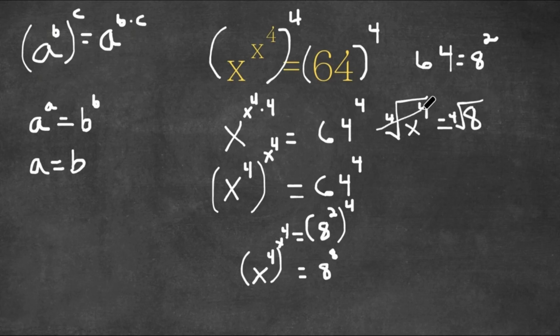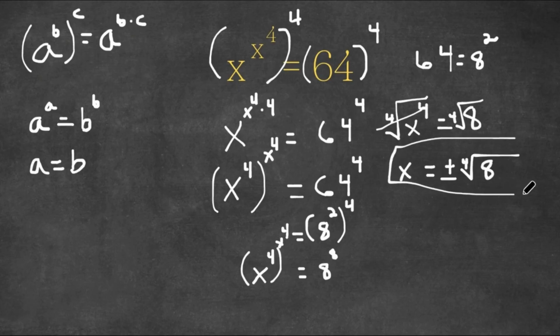Now these two would cancel out, so on our left side we would have x, and on our right side we would have positive or negative, remember it's plus or minus, the fourth root of 8. And this is our answer.